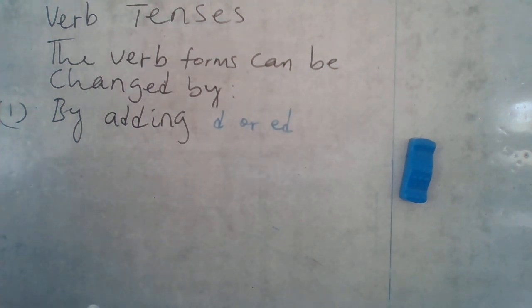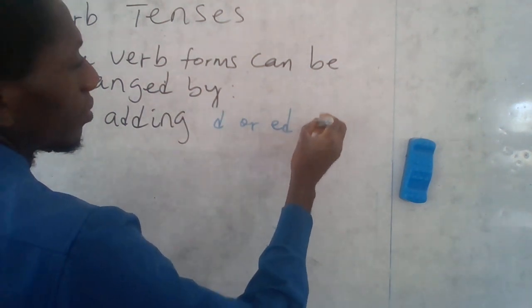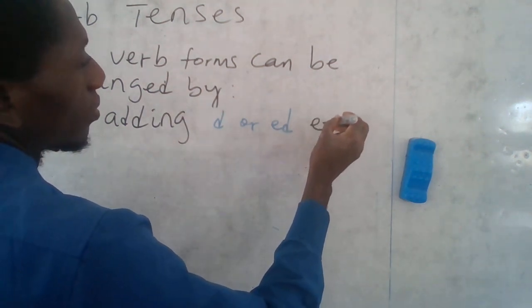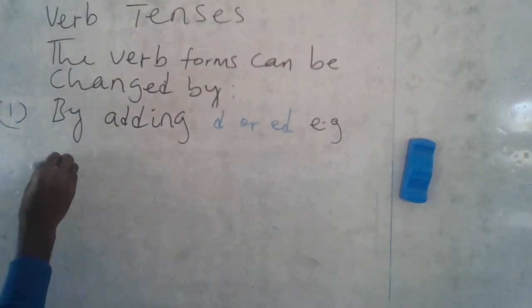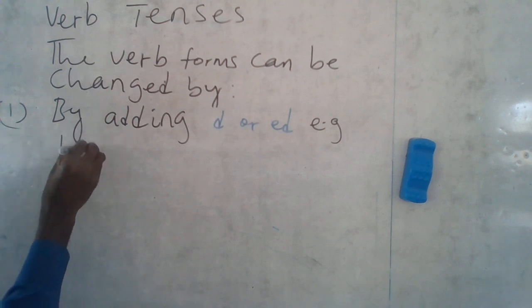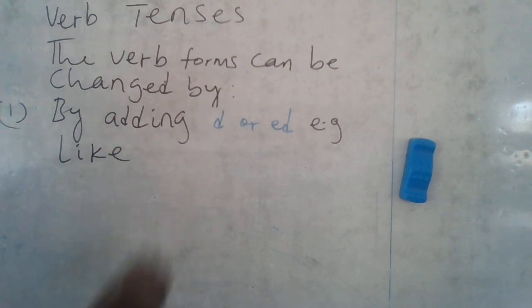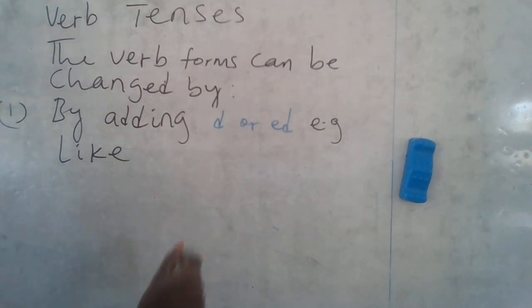We can change a verb form by adding d or ed to a word. For example, if I have a word, let me say like. Now, if I add ed to this word, it will become liked. If I add a d, it will become liked.